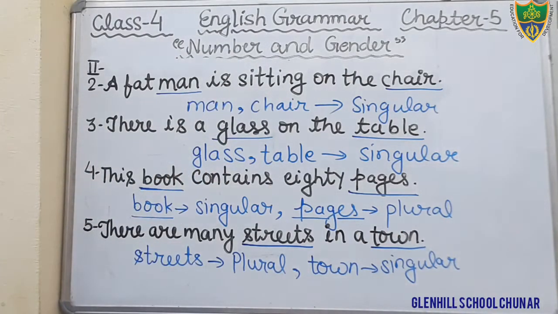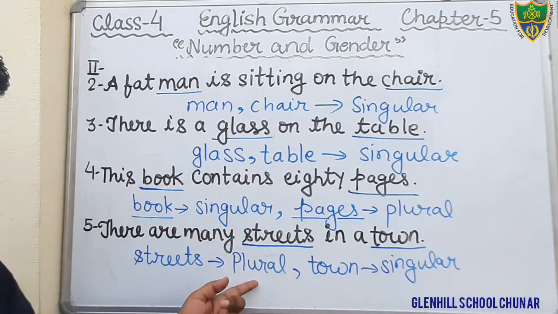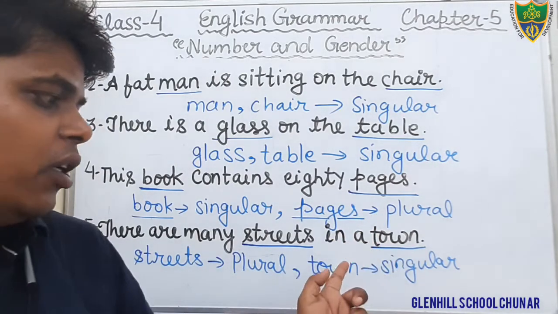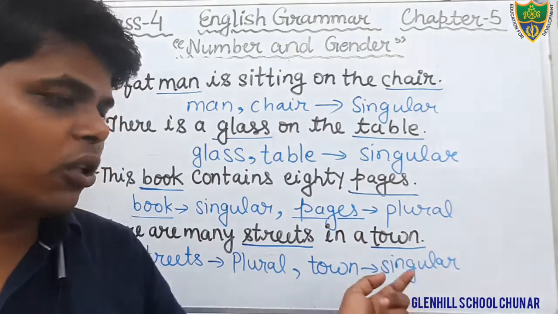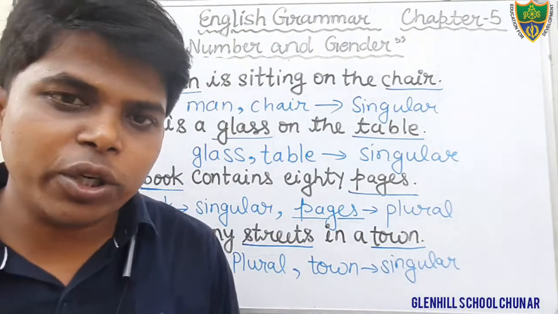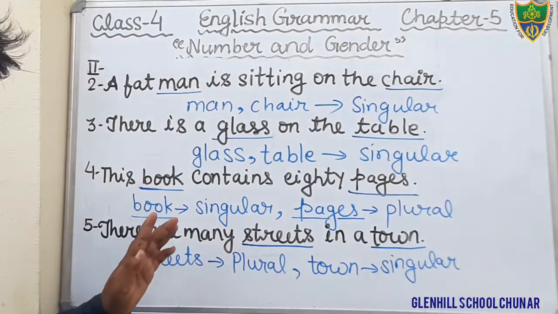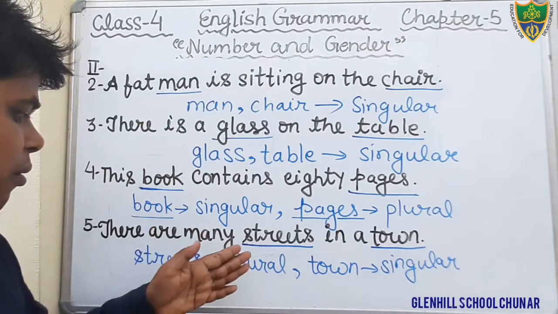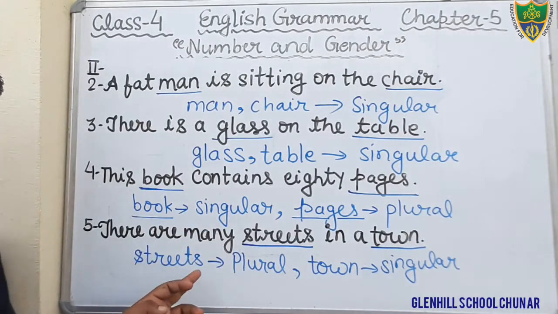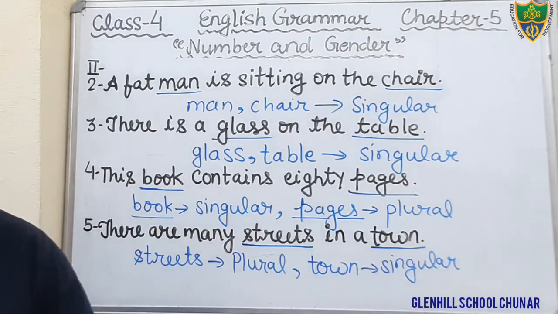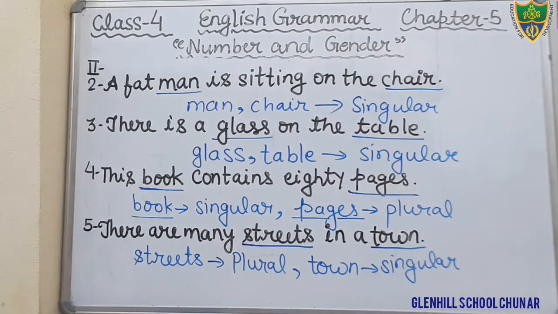Just see here. Here, the word streets denotes many streets. Therefore, that is plural. Here, the word town denotes only one town. Therefore, that is singular number. Okay, students. So, just write in the same way as I have written. Okay, streets, that is plural. Town, that is singular. Okay, students, just write it.